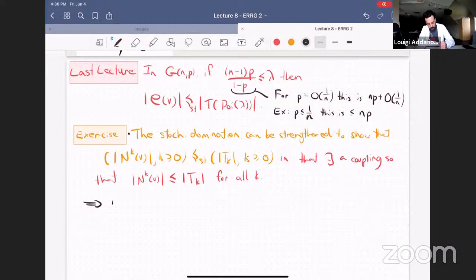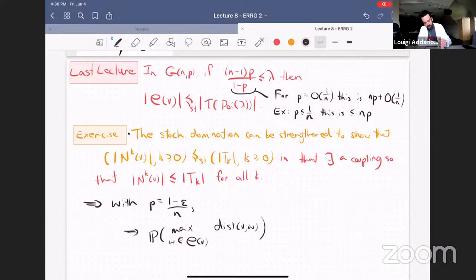With p equals (1−epsilon)/n, this implies that the probability that the greatest distance of any vertex in the component of v away from v is bigger than k is at most (1−epsilon)^k.